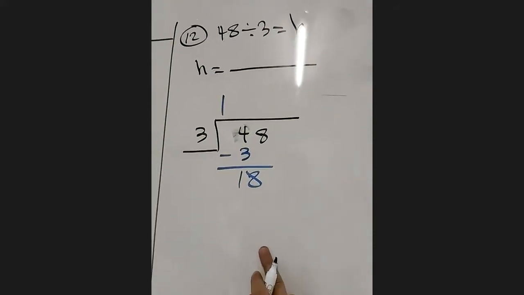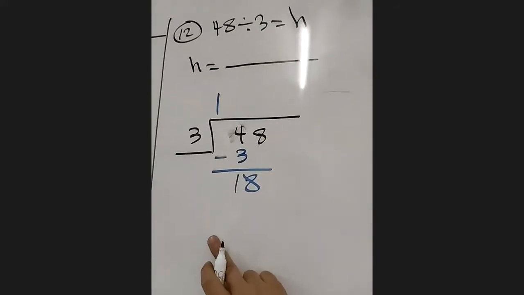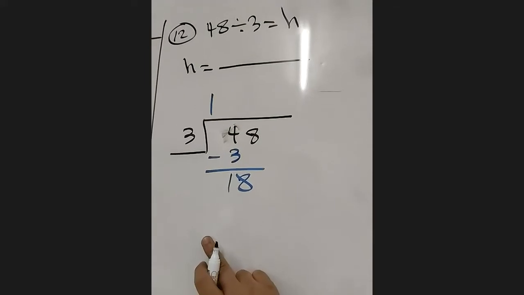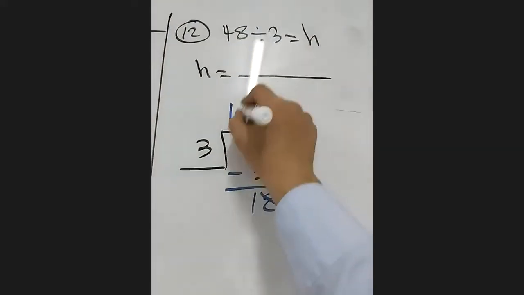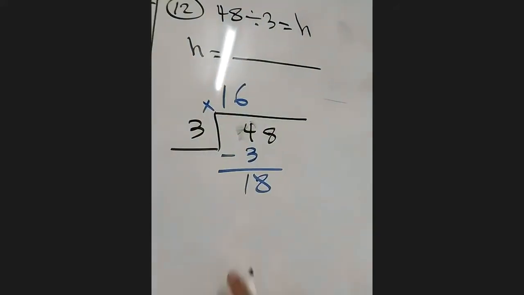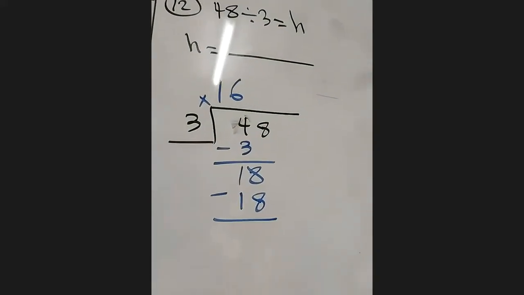18. 18 divided by 3, how much? It is not 8, it is 18. 6. Focus. 6 multiplied by 3, how much? 18. Subtract. What's the answer? 0.